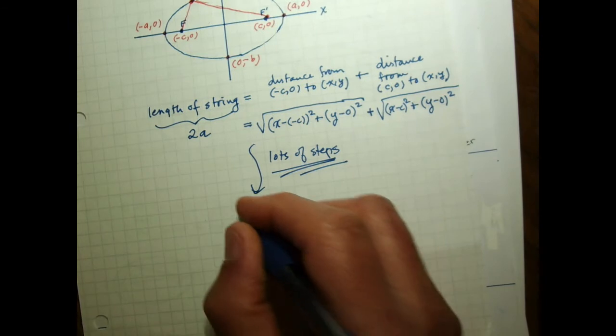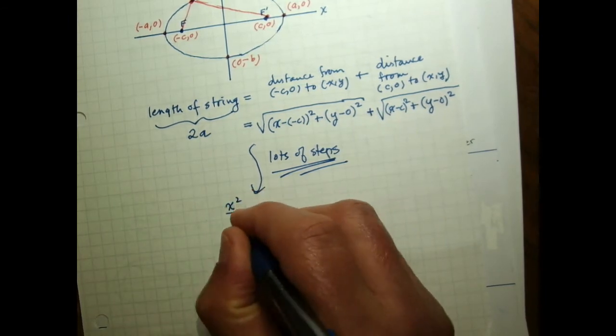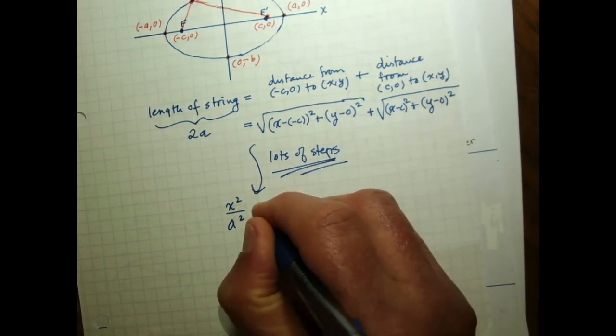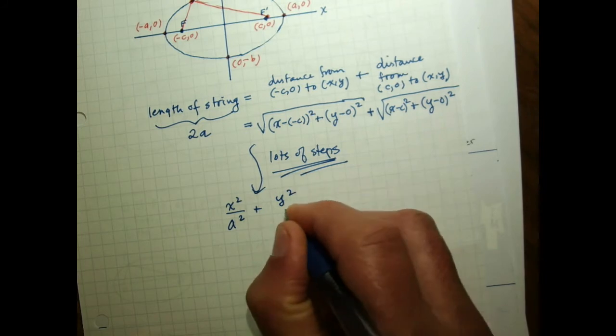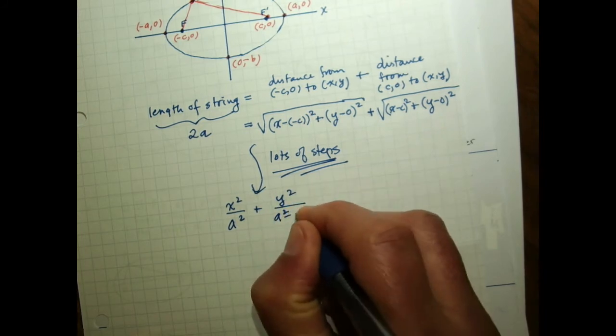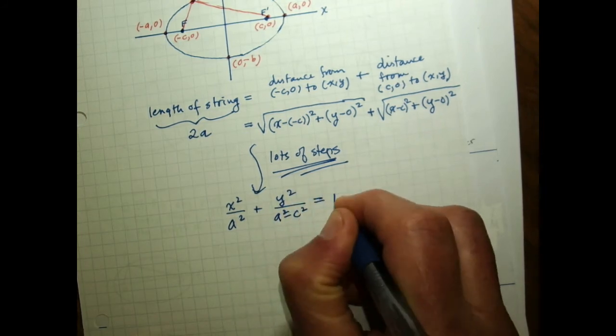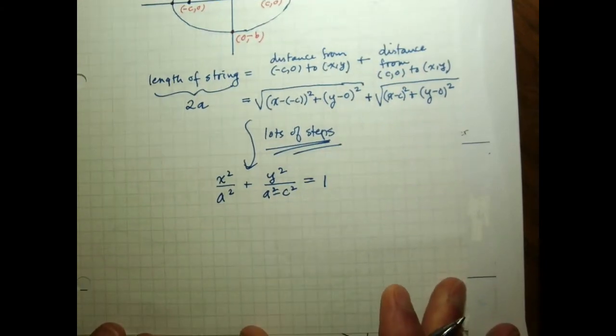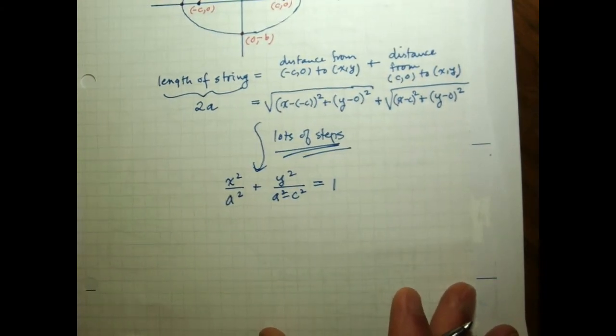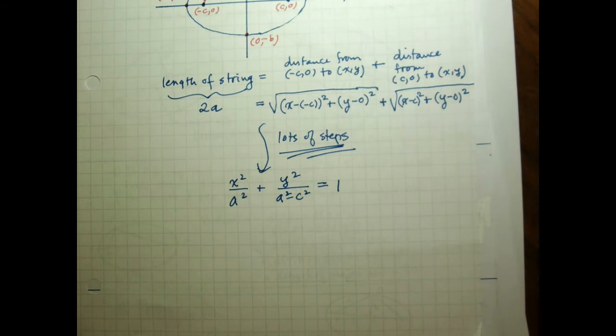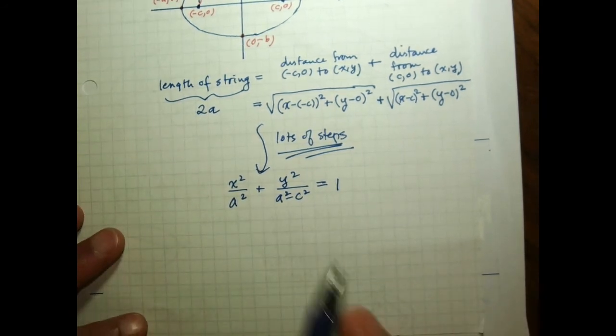the following form: x squared over a squared plus y squared over a squared minus c squared equals 1. So basically it just involves squaring both sides a lot, combining like terms, and subtracting the same thing from both sides every once in a while.